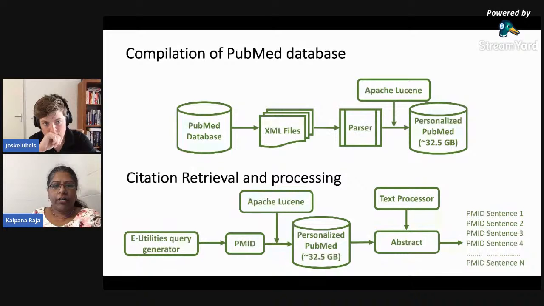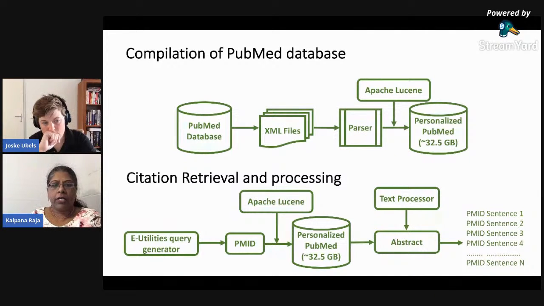Along with the online version, PubMed also provides XML files for download. These XML files include the entire online resource. Each XML file includes multiple PubMed articles. All the information, whatever you see online, is available in these XML files. So whatever is required for our research, we can just retrieve that information.